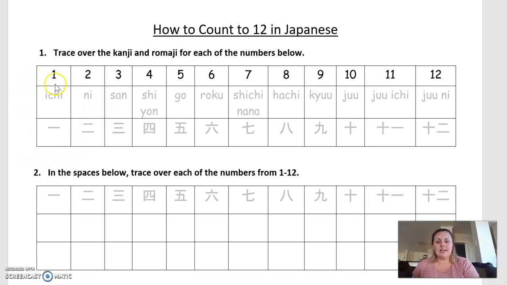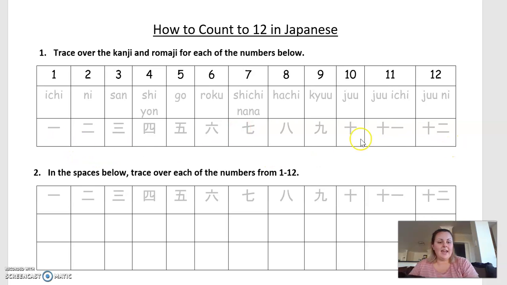So, 1, 2, 3, 4, 5, 6, 7, 8, 9, 10, 11, 12. Okay? And remember for number 4 and number 7, there's 2 different ways we can pronounce that number. So number 4 can be shi and yon, and number 7 can be shichi or nana. For our ages, we use shi and shichi, so we don't need to worry about those other 2 yet.